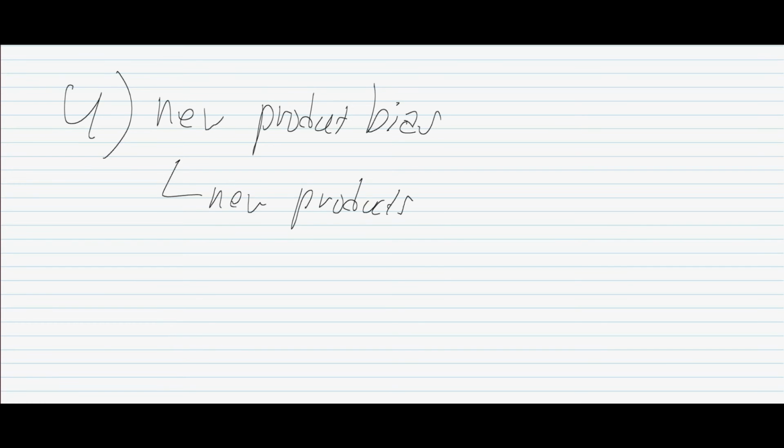And 4 is, oh, my bad, it's the new product bias. I was thinking something else. The CPI can't account for new products that are available on the market for consumers to purchase because it takes a lot of effort to make the CPI and calculate it, and it takes a lot more effort to update it with the new products coming out every year because there's a ton of products coming out every year.